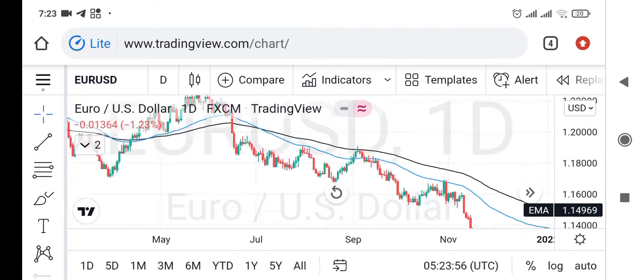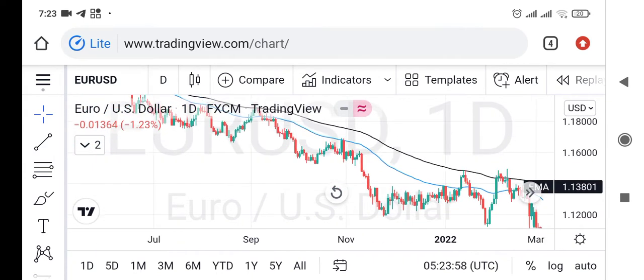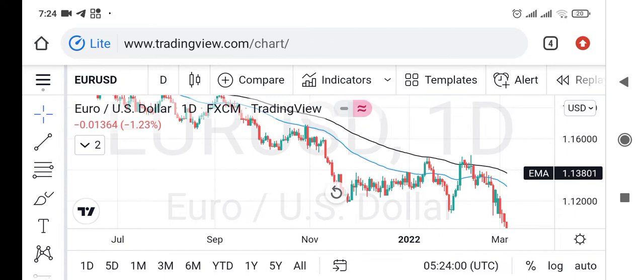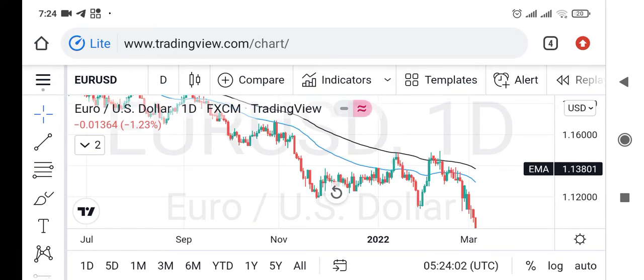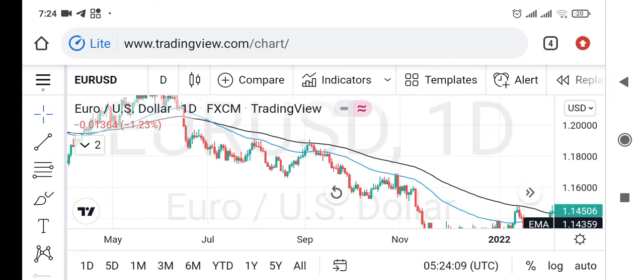Yes, so as you can see, 50 EMA will be reacting a bit faster and closer to the market, while 100 EMA will be a bit further.